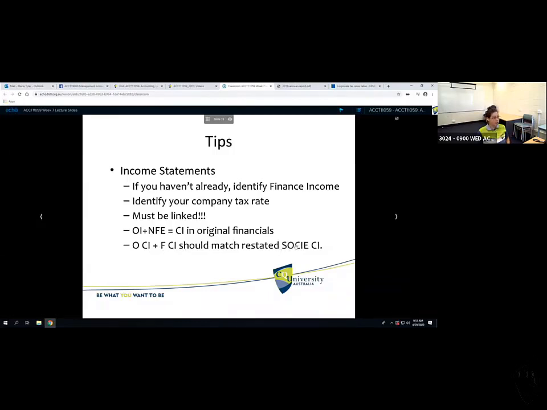And for some students, and an increasing number of students actually, that split in your statement of changes in equity will actually have been based on your income statements, because in your statement of changes in equity, you only had one line calling it other CI.